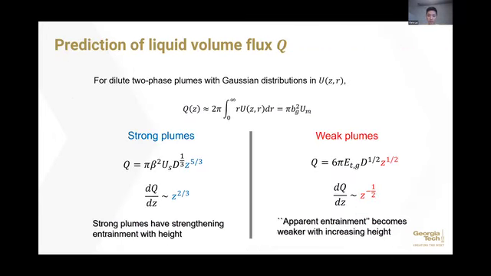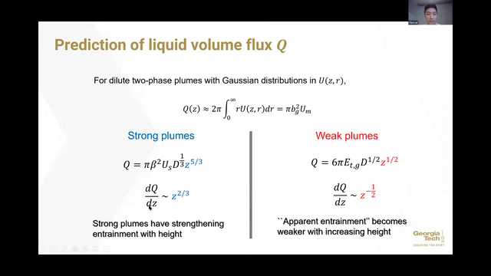So, with that understanding, we now want to look at how we can predict the evolution of the volume flux of this big bubble plume. And again, here I'm contrasting the different behavior. On the left-hand side, we have the classic strong plume, and we know that the volume flux should increase as a power law with Z, to the power 5/3.